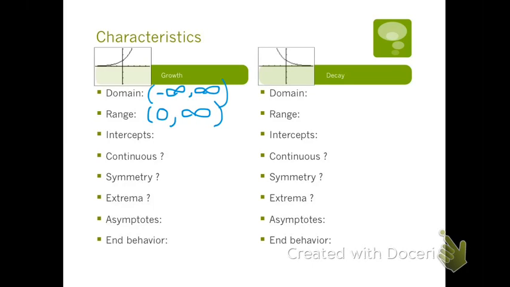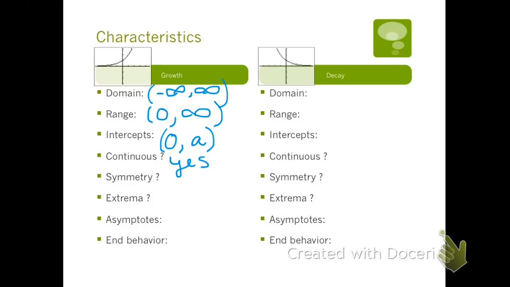There aren't any x-intercepts in the parent function, but there is a y-intercept, and the y-intercept is going to happen at a. So actually, let me write that a different way. As a point, this will happen at 0, a.